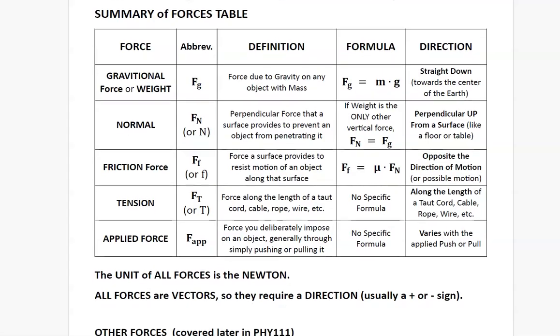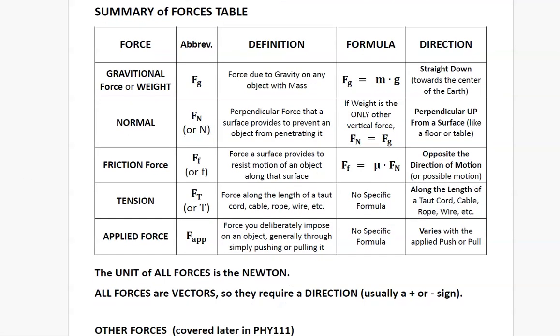So here's a little table that summarizes the forces that we just went over. The columns are force, abbreviation, a quick definition, a formula, if there is a formula, and the direction to keep in mind. So gravitational force or weight, F sub g, is the force due to gravity on any object that has mass. That could be a solid, a liquid, a gas, even a plasma object. We're mostly going to be giving you solid objects.